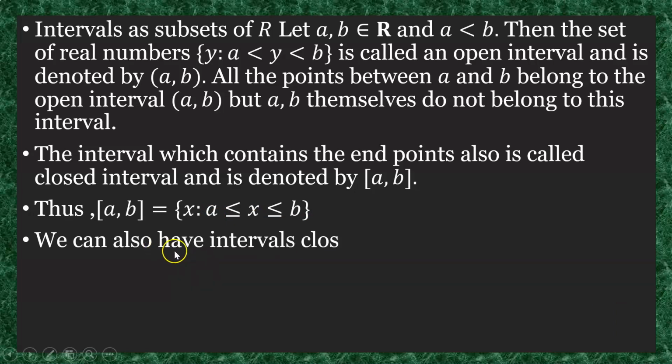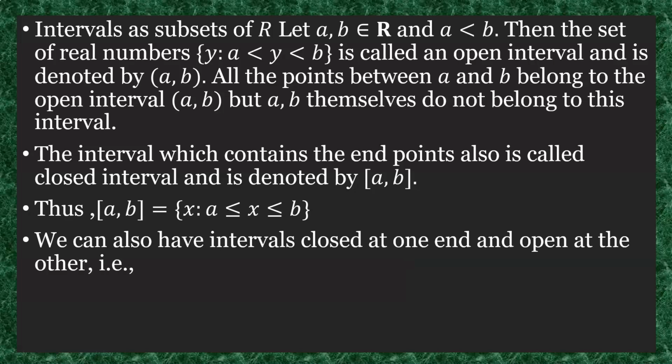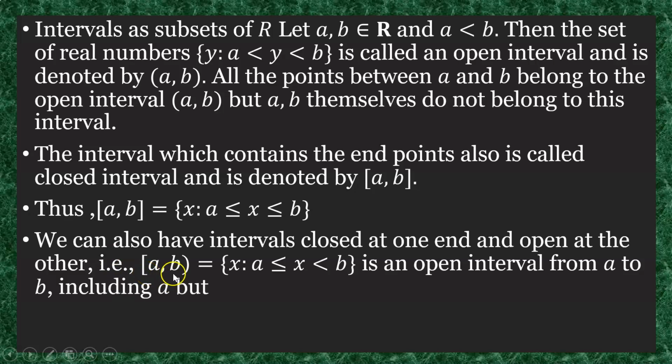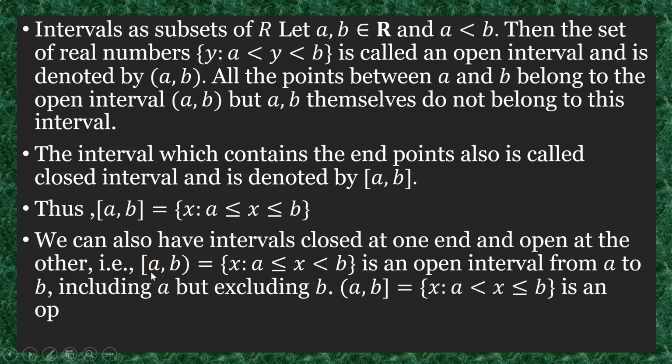We can also have intervals closed at one end and open at the other. Here the left end is closed and the right end is open. It means that A is contained in that interval, but B is not.